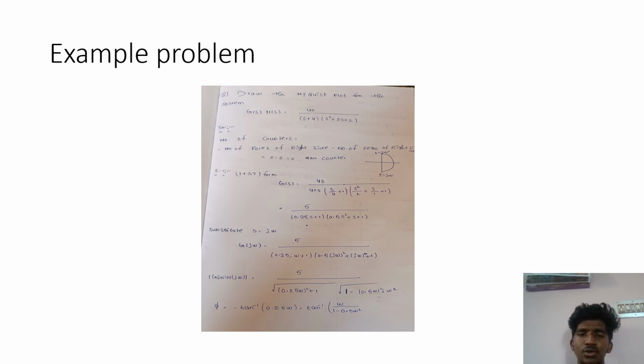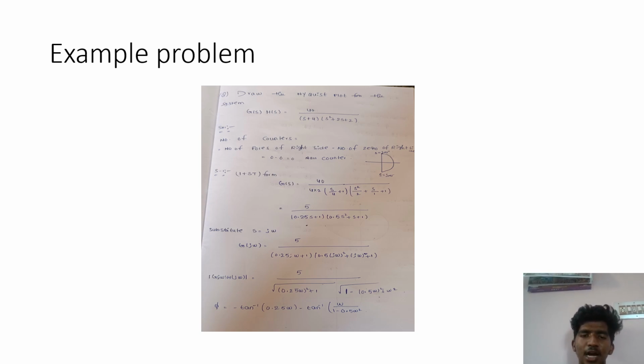Substitute s = jω in the above equation. Then G(jω) = 5 / ((0.25jω + 1)((1 - 0.5ω^2) + jω)).